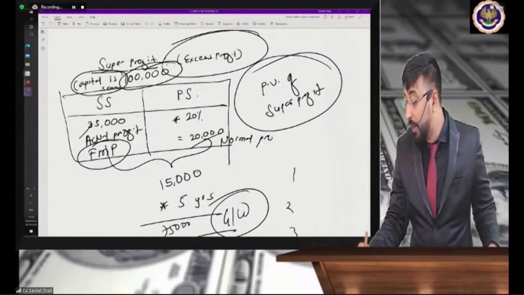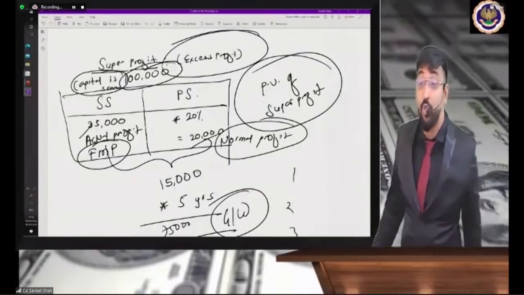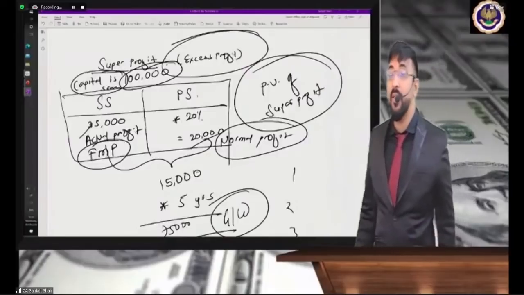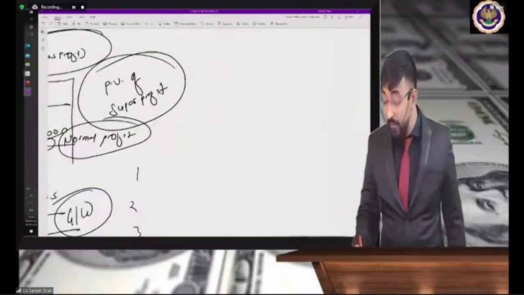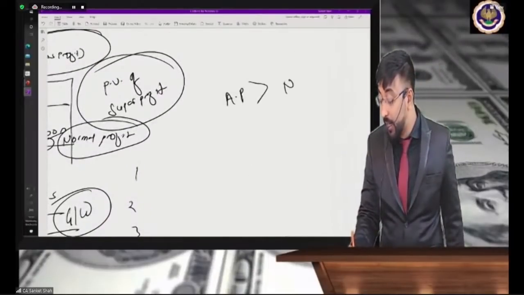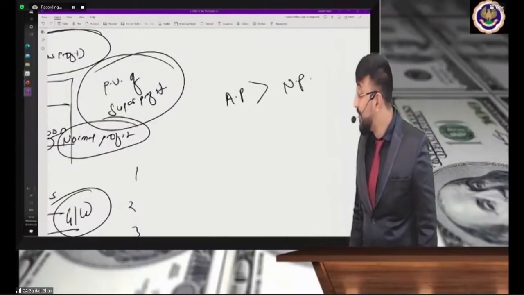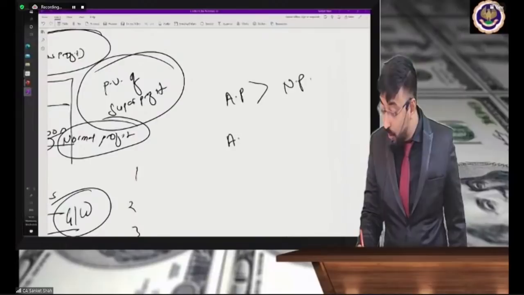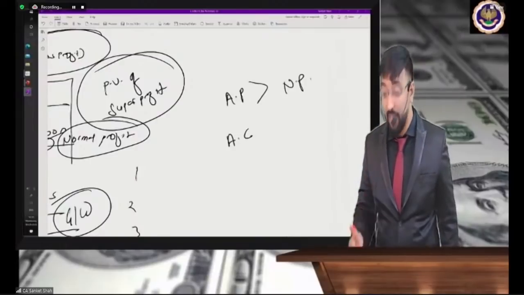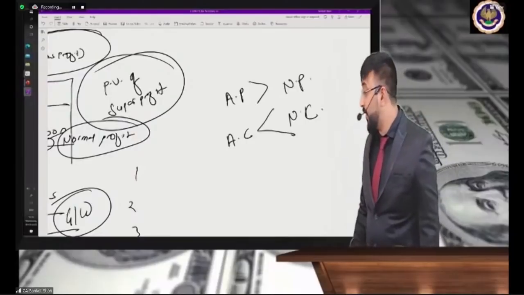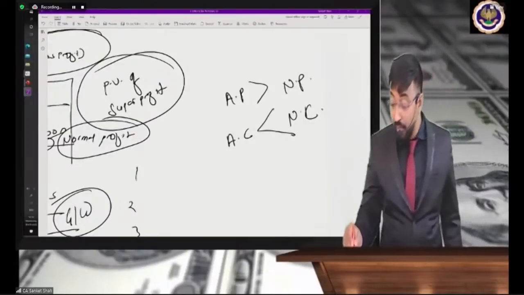Your profit is called actual, and your competitor's is normal. Remember, actual profit is greater than normal profit. But in the capitalization method, my actual capital is 70,000 and my competitor's capital is greater. So remember, this is a reverse situation.